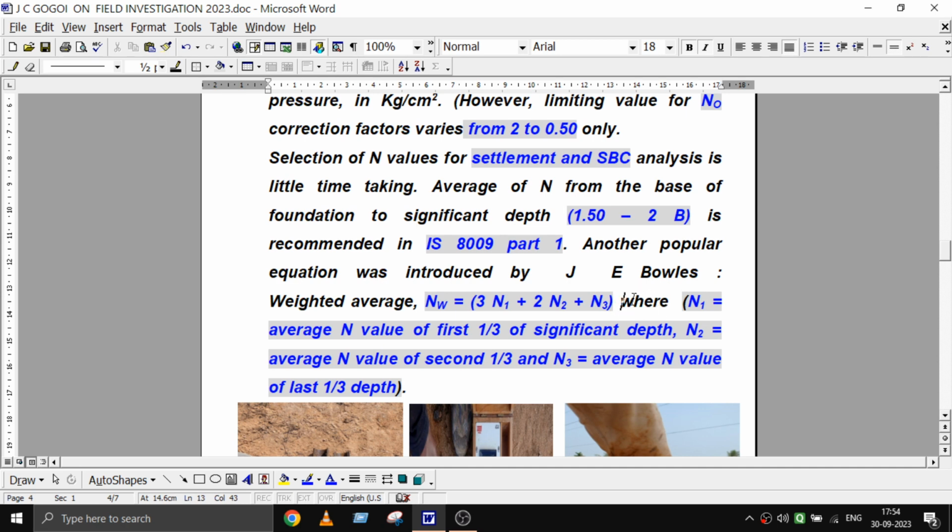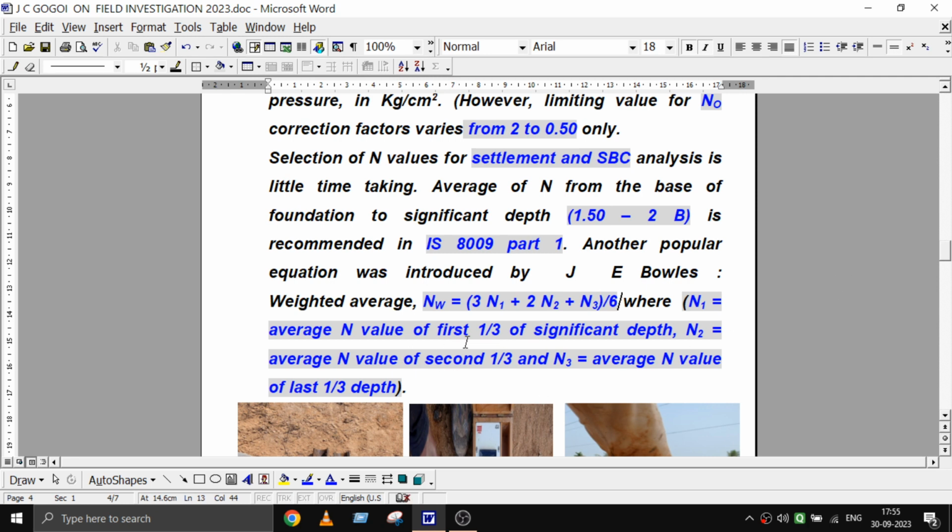It should be divided by 3. Please write, it should be divided by 6. However, what happened I do not know. Something is wrong with my computer. It should be divided by 6.